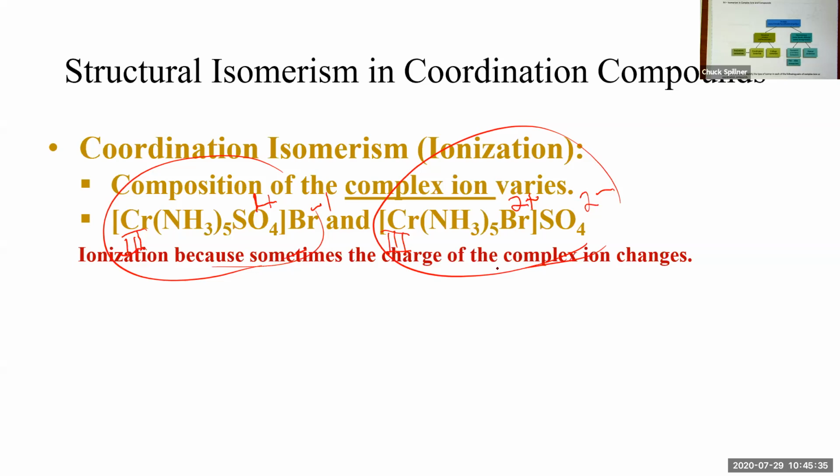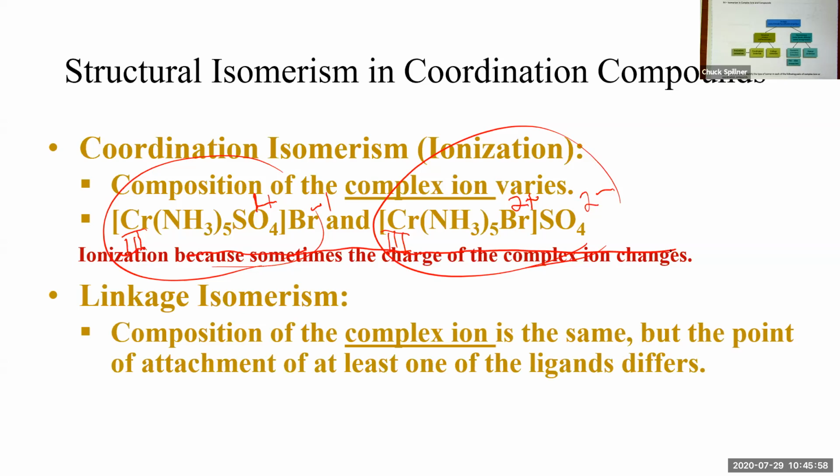So the ionization, well, I said ionization because of the charge of the complex ion, but that's not what ionization means. Ionization means that when you put these in solution, you get different ions in solution. So this isn't quite right. But sometimes the charge of the complex ion does change.